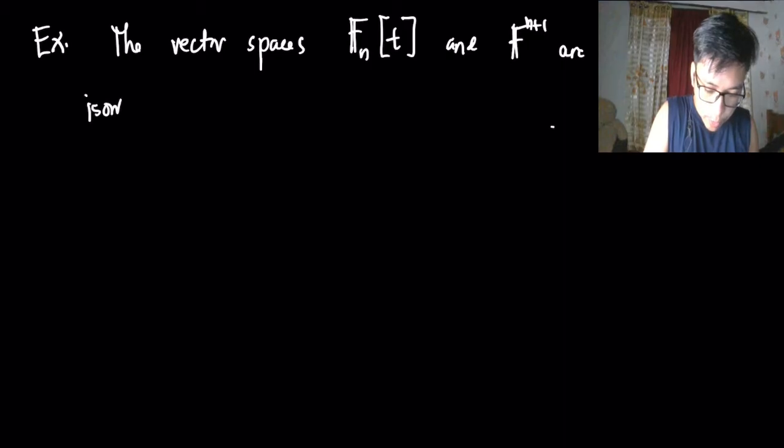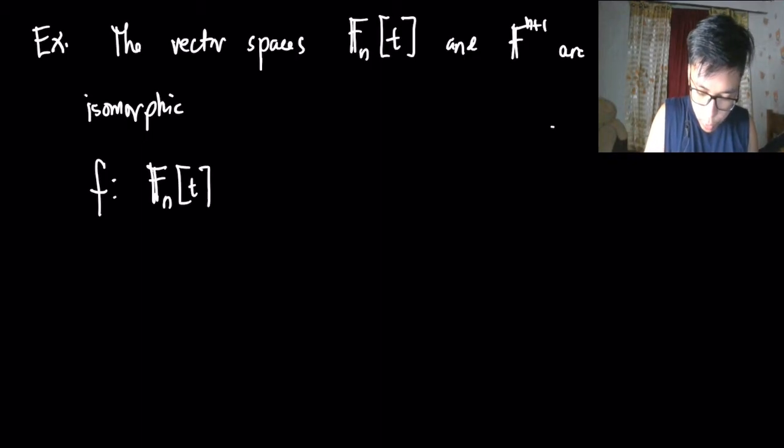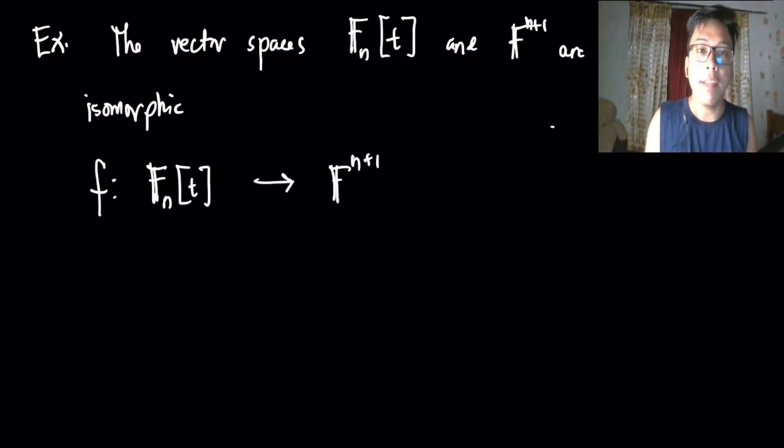Why? Because you can find a mapping F here from this one to this one, and this mapping is actually an isomorphism.